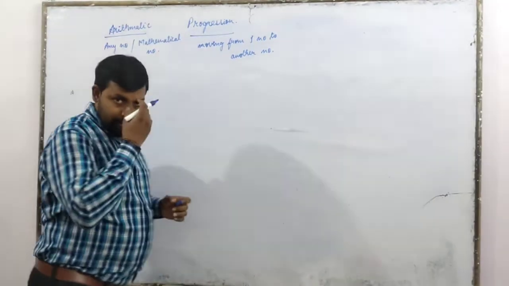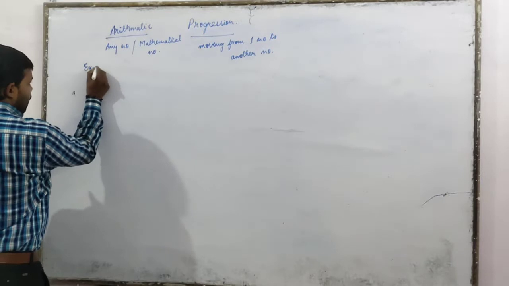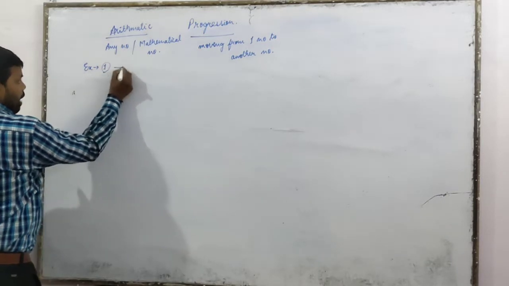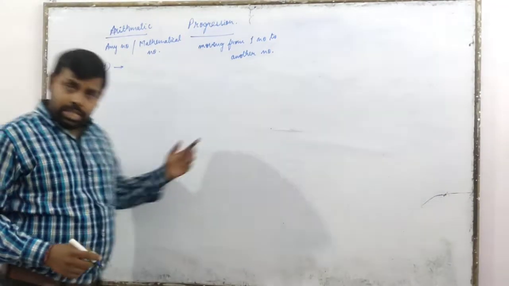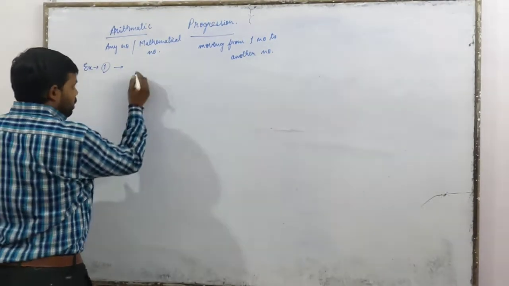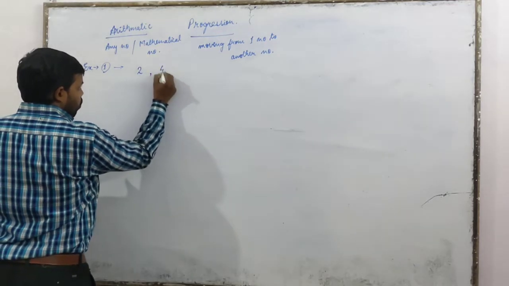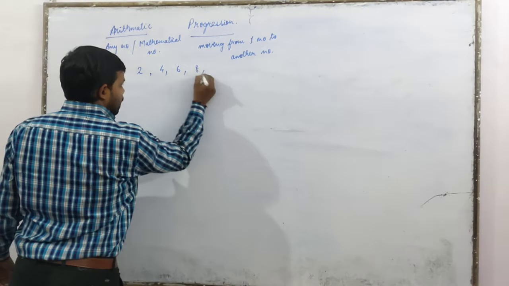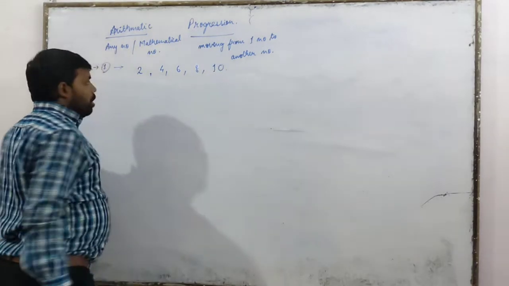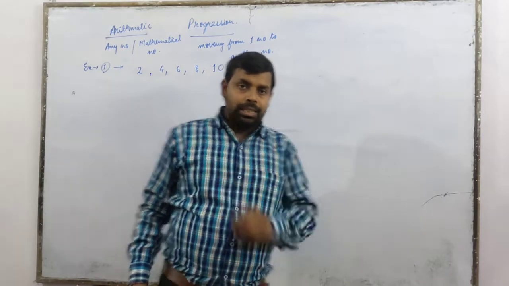So let's understand this with the help of a very basic example. Consider a set of numbers or series of numbers. Suppose in that series, the first number is 2, second is 4, 6, 8 and 10. So here we have got a set of 5 numbers: 2, 4, 6, 8 and 10.